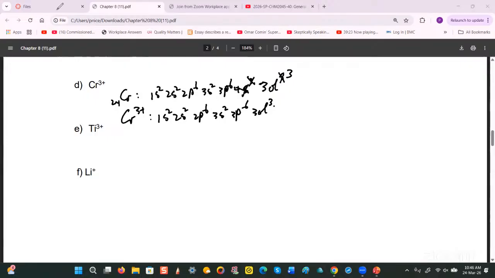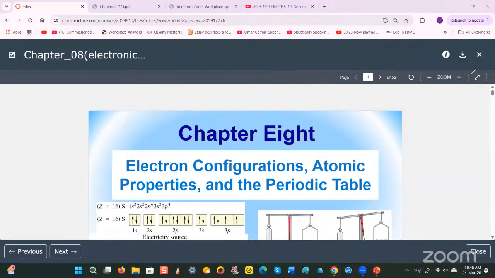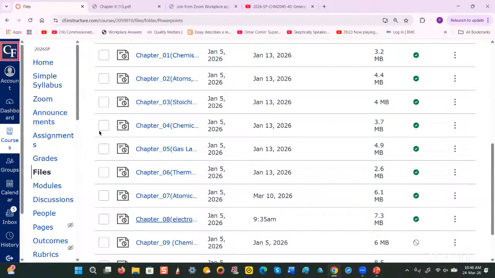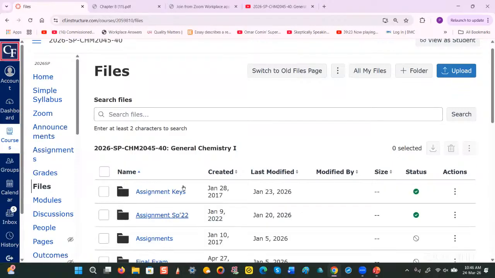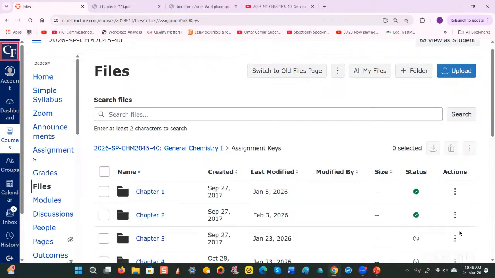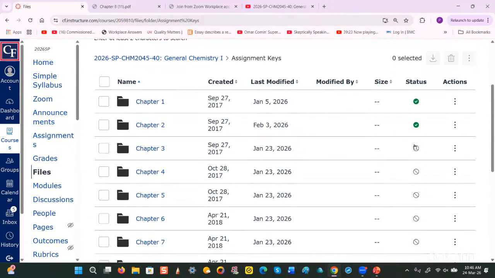In fact, let me do that now before I finish. So let me, here it is. So at least you have the assignment keys to look at to help you to review for your test next week. And it's the same arrangement.